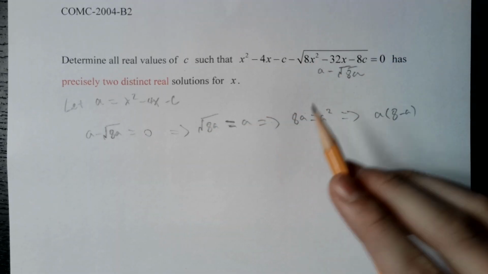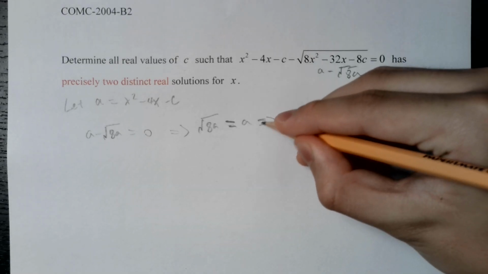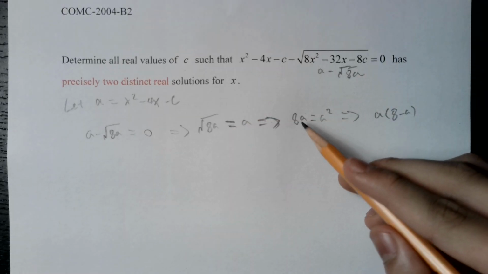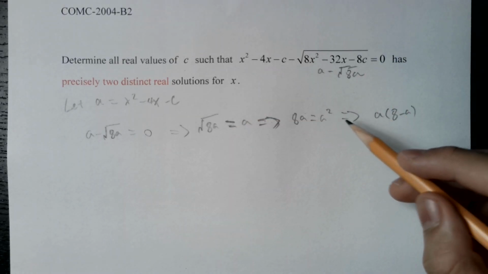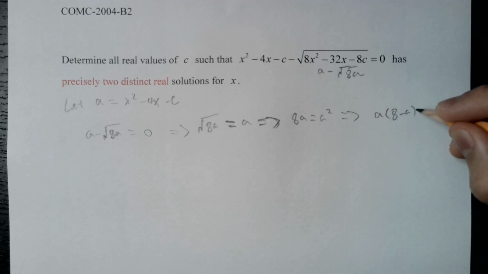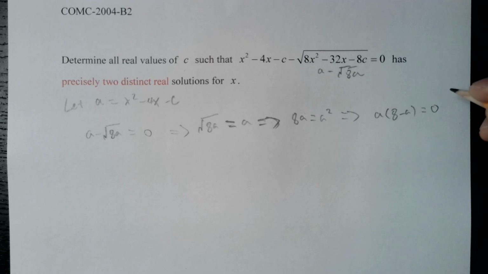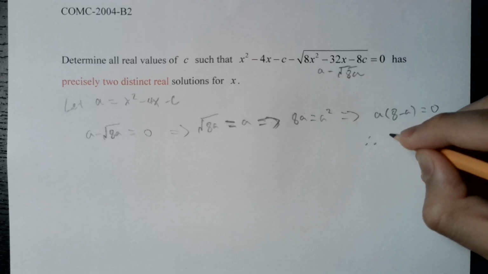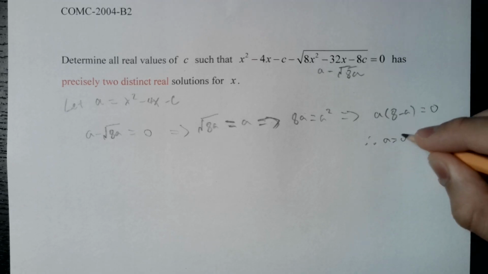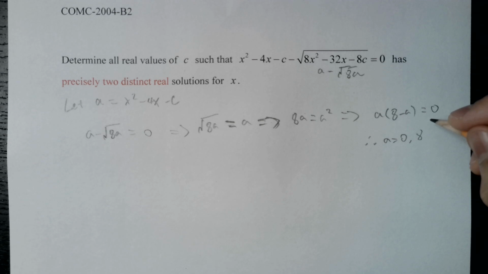Then we square both sides so that 8a equals a squared, and after that we move everything to one side and factor it to receive a times (8 minus a) equal to 0. And so this means that a is equal to 0 or 8.